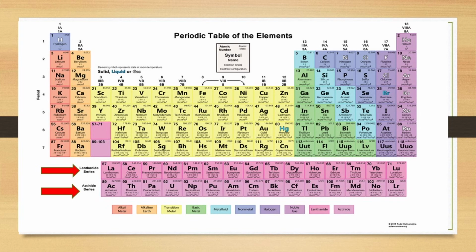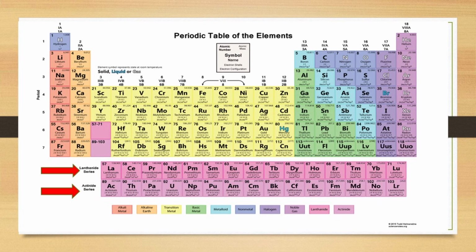The lanthanide elements are very similar and many of them are used in the lighting industry. And all the elements of the actinides are radioactive. What do you mean by radioactive? Producing energy that comes from the breaking up of atoms with the emission of radiation.